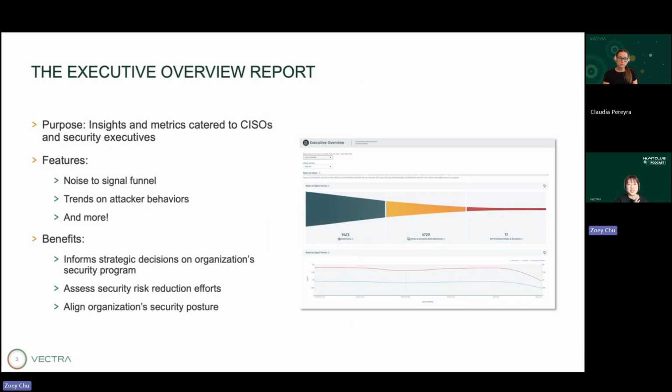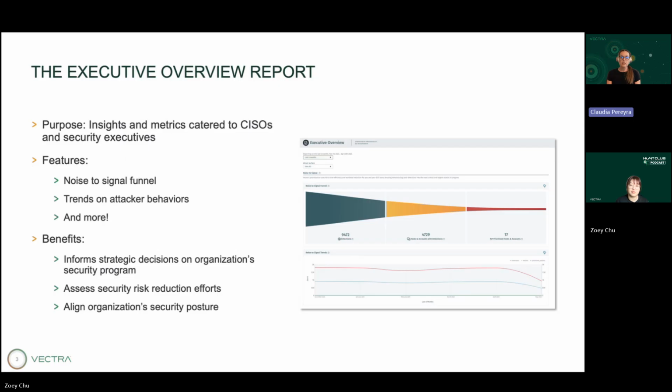And can you talk us through the purpose, the features, the benefits of what this report has? Yeah, sure. So the purpose of this report is to provide those insights about how the Vectra platform is providing value. We have several visualizations that we are providing in this first version.